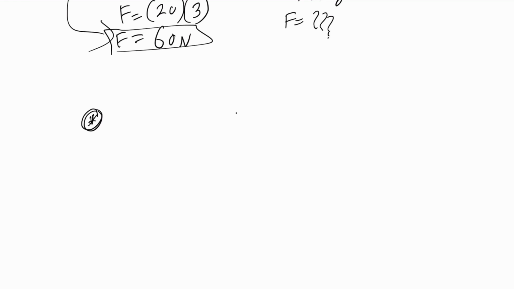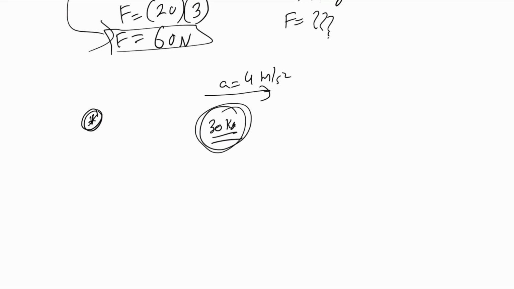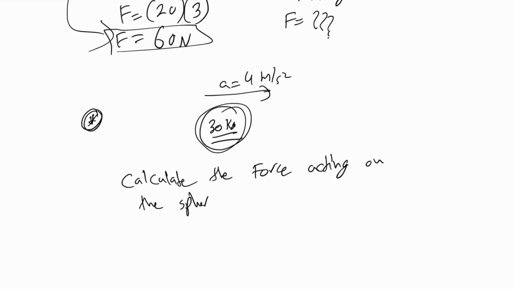If you have a sphere with a mass of 30 kilograms and the acceleration is 4 meters per second squared, calculate the force acting on the sphere causing the above motion.